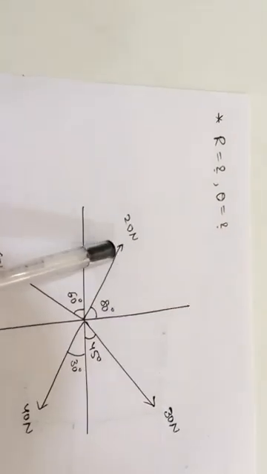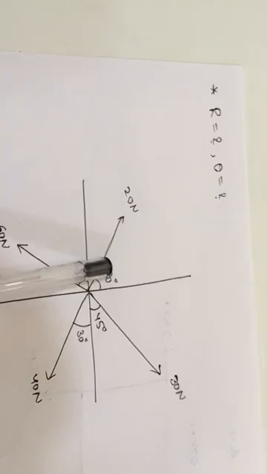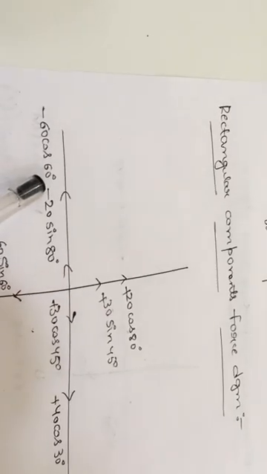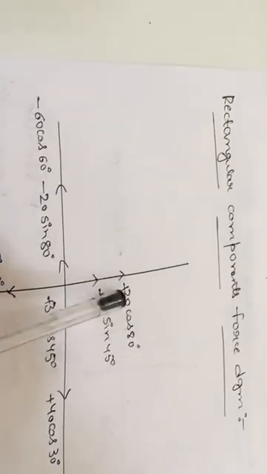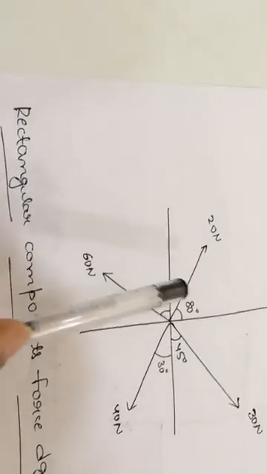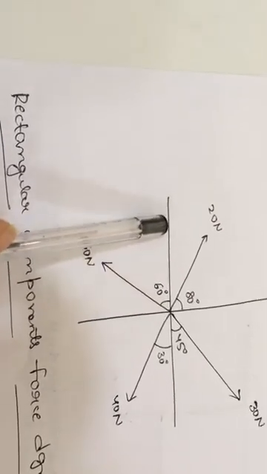Next, the second force is 20 Newton and the angle is 80 degrees. 80 degrees is adjacent to the y-axis, so on the y-axis you will get the cos theta and on the x-axis the sin theta: 20 cos 80 and 20 sin 80. Now the third force, 60 Newton, angle 60 degrees, adjacent to the x-axis.